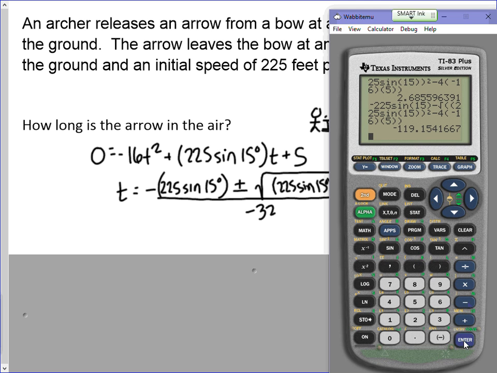And that gives me negative 119.15. That's the number that I want to divide by negative 32, because a negative over a negative is going to give me a positive. Okay, so you don't have to solve for both. You want the one that's going to give you a negative. Okay. So divide by negative 32.